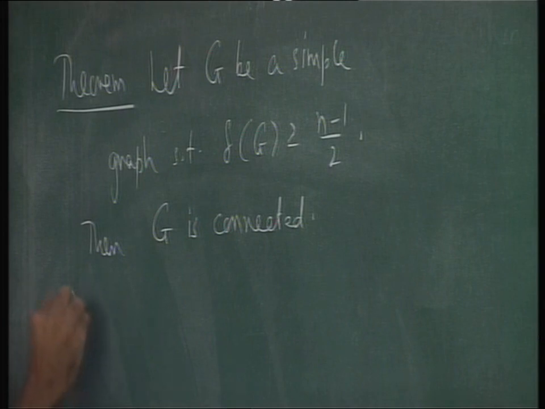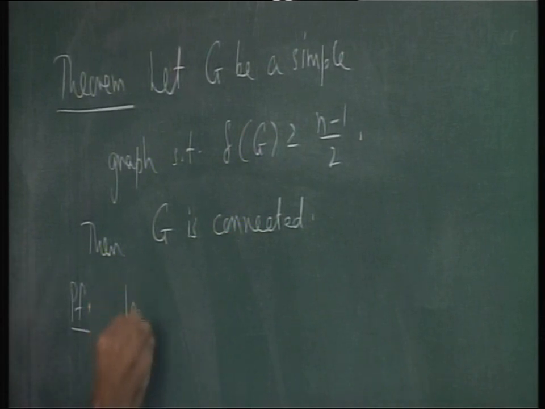This is quite a simple proof. If G is not connected, then what will happen? Then it has components, at least two components.